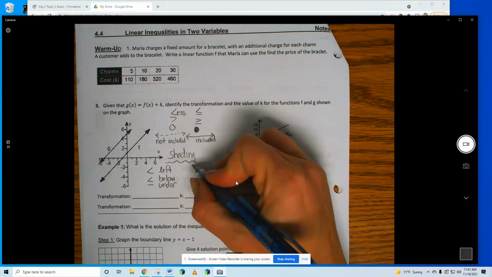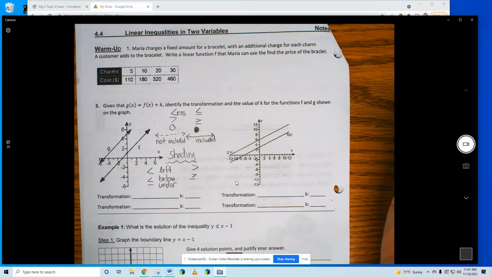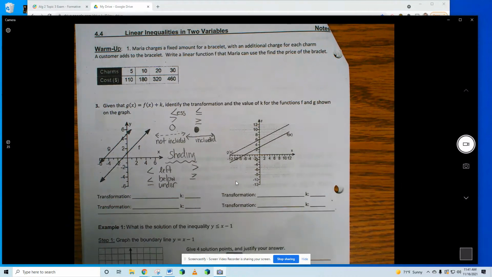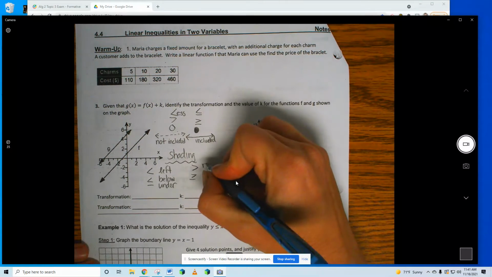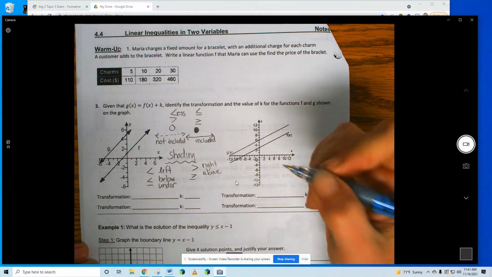If my graph says greater than or equal to, my shading is to the right or above or higher.